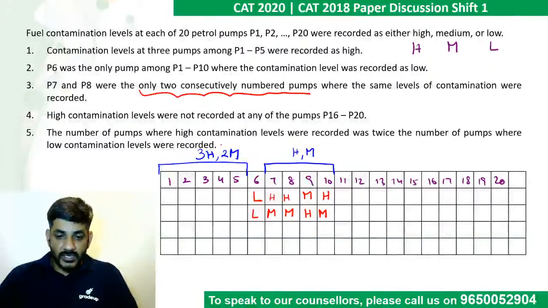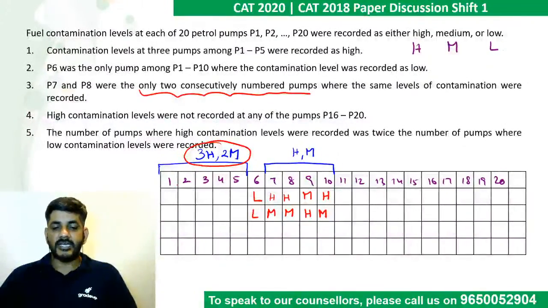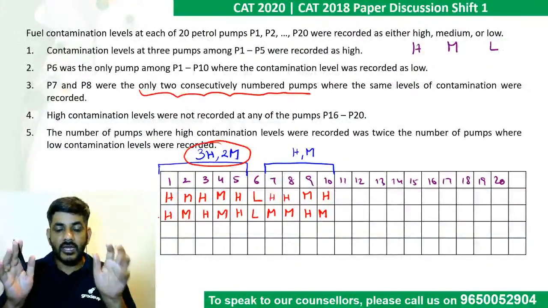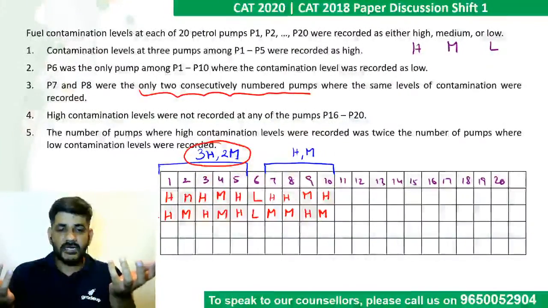And by that logic, in the first 5, if 3 H's are there, those 3 H's must be first, third and 5th only. There cannot be any other possibility because no 2 consecutive should be equal. So out of 5 pumps, 3 are highly contaminated and no 2 consecutive should be highly contaminated.